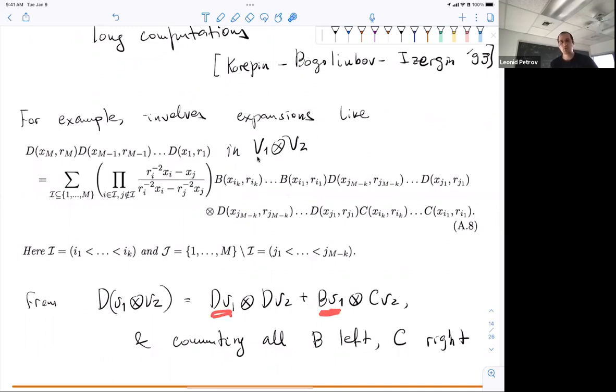Now you use quadratic relations to commute B to the left, so that B's are all to the left and D's are all to the right. In the second tensor factor, you apply quadratic relations to commute C to the right and D to the left. The non-trivial part is how to get this coefficient. You can get it by inspection of which spectral parameters exchange in the commutation. So it can be done.